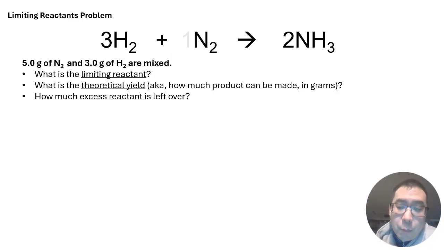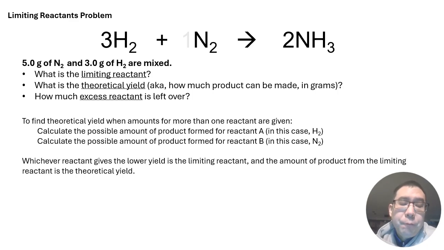We're going to follow basically the same procedure, the same train of thought as with the monsters. So to find the theoretical yield, and along the way identify the limiting reactant, we're going to calculate the possible amount of product formed for the first reactant, which is hydrogen, and then do the same thing for the second reactant, which is nitrogen.